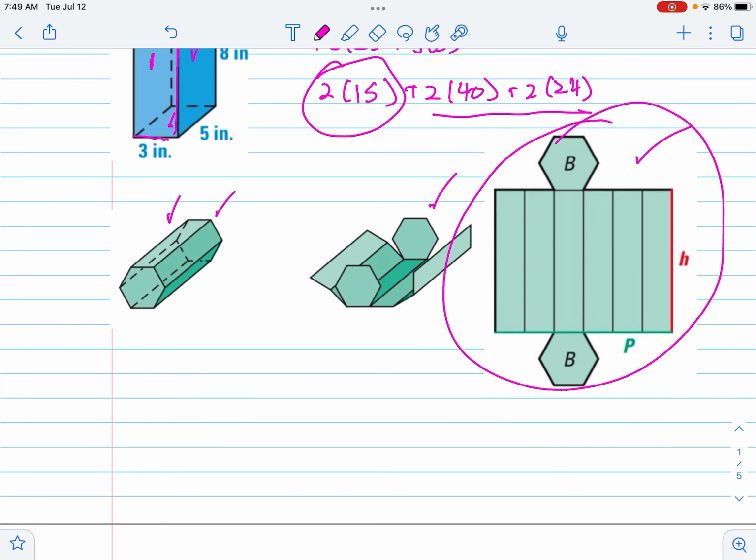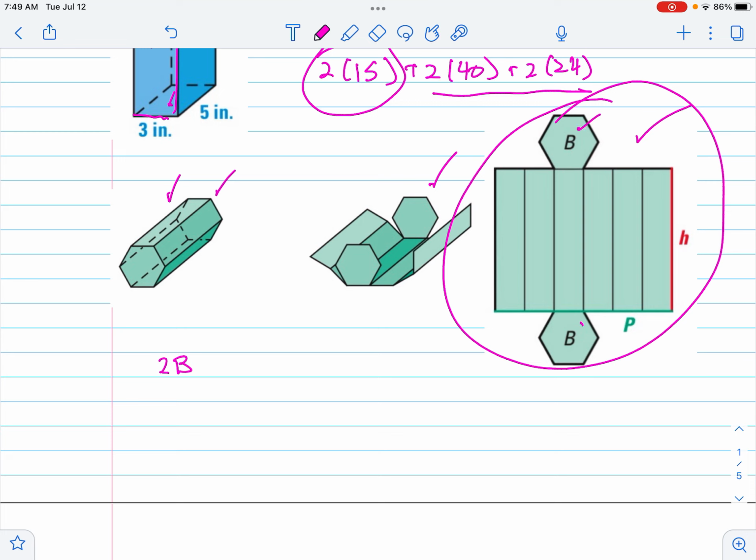You can see we have the area of this base and the area of this base, so that's 2 times B, where capital B is the area of the base. And then we've got this rectangle here, where we've got P times H. That's going to be the surface area right there.